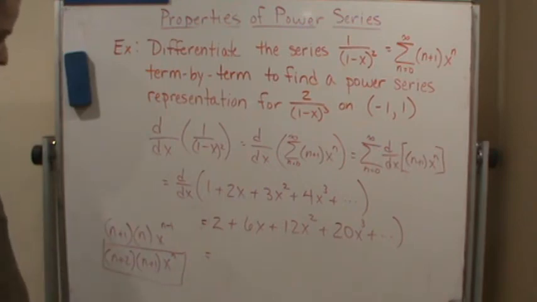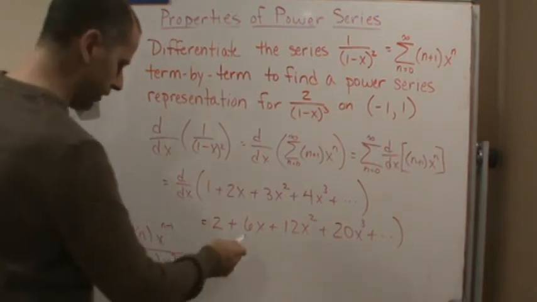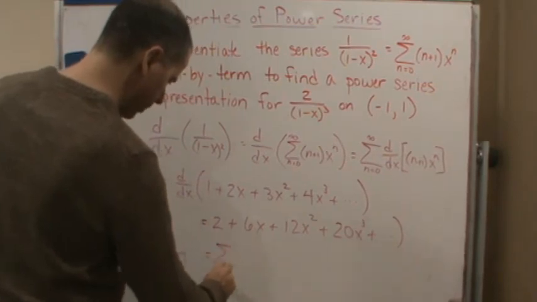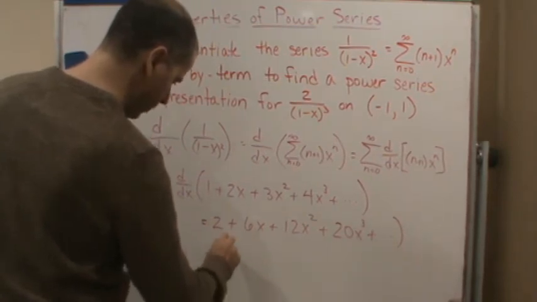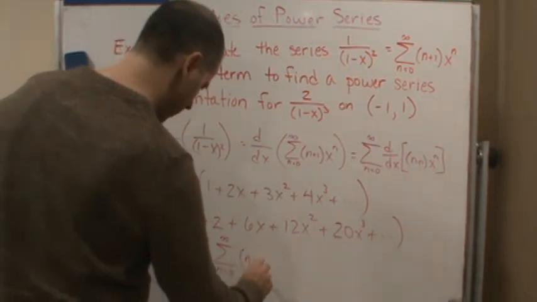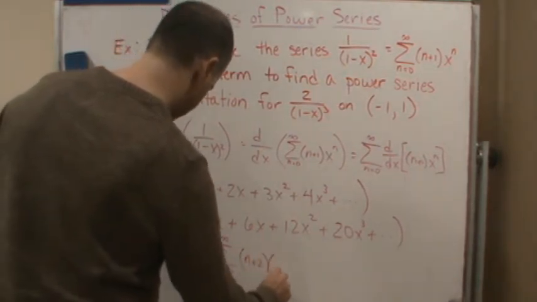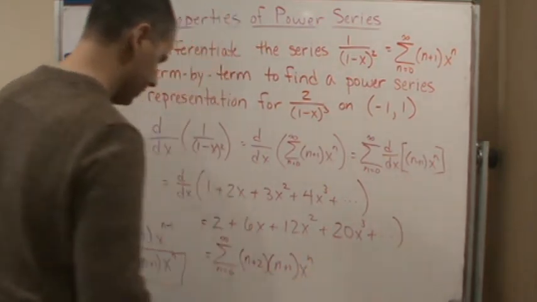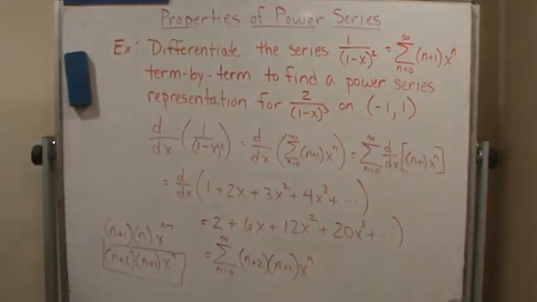So I get all of them. So this is the expression. This is going to equal the summation from n equals 0 to infinity of n plus 2 times n plus 1 x to the n.